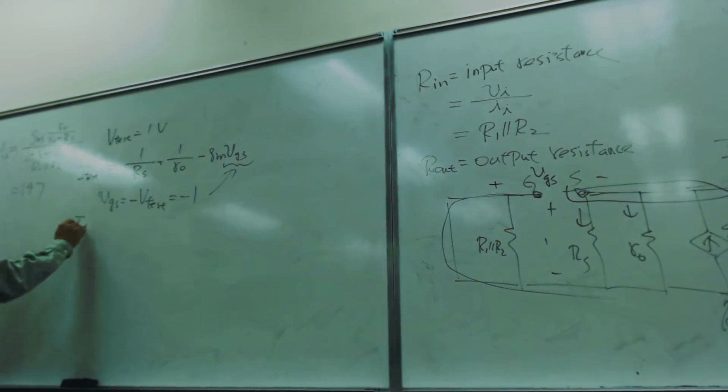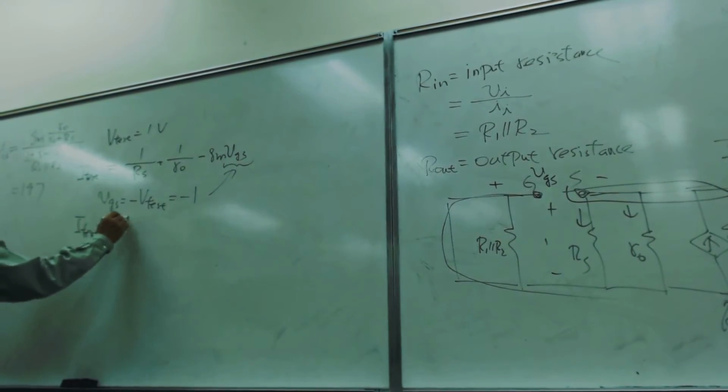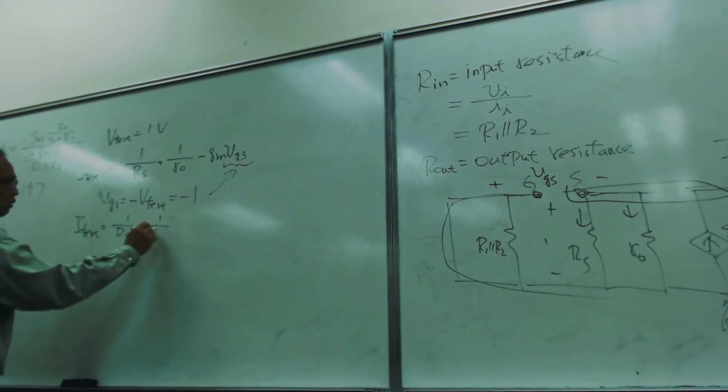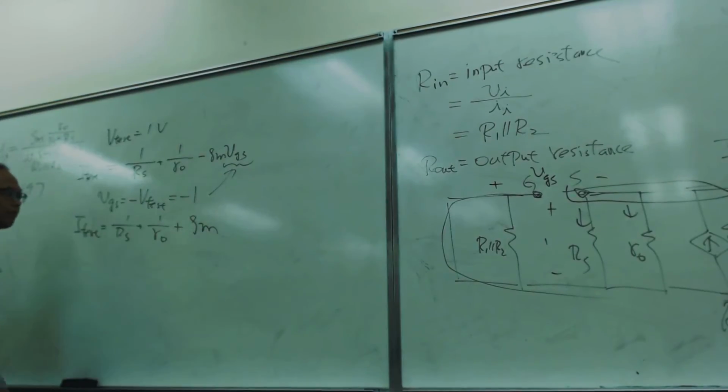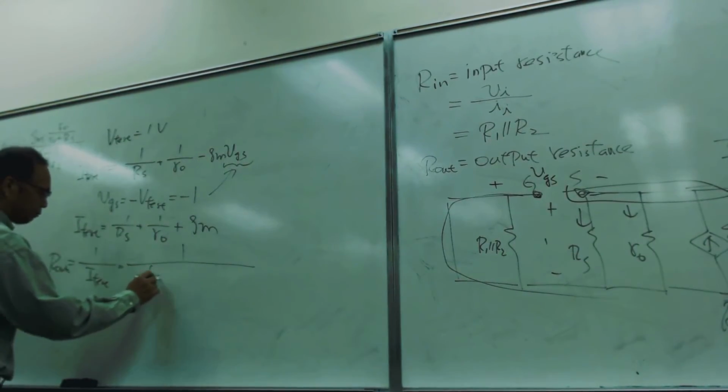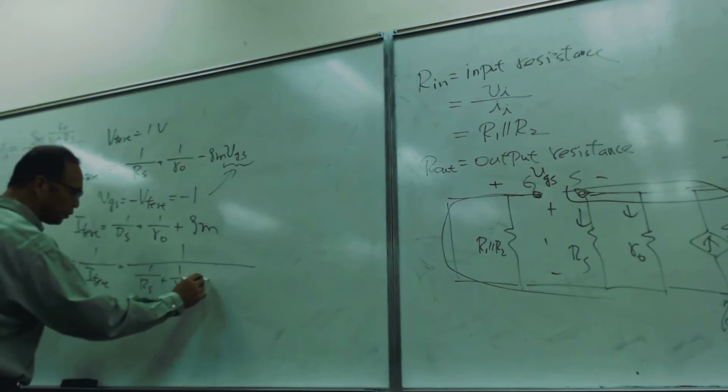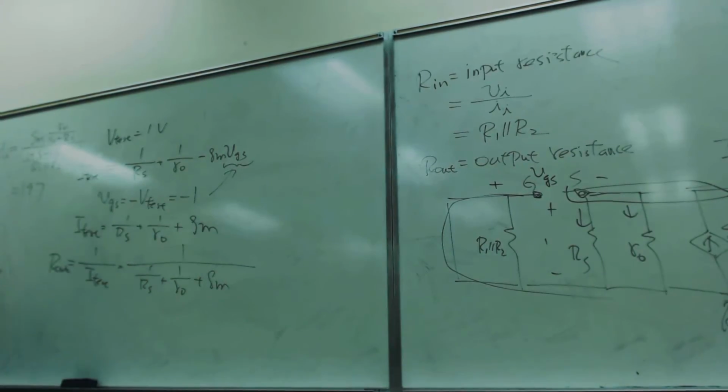So I test equals 1 over Rs plus 1 over R0 plus GM. Then, as I said, RL equals V test over I test, so it's equal to 1 over (1 over Rs plus 1 over R0 plus GM). So that's the solution.